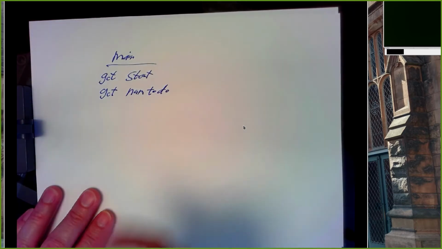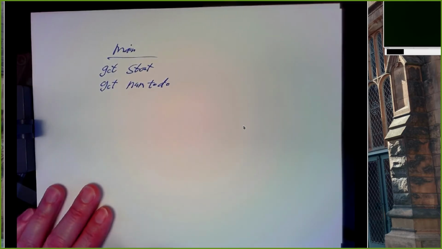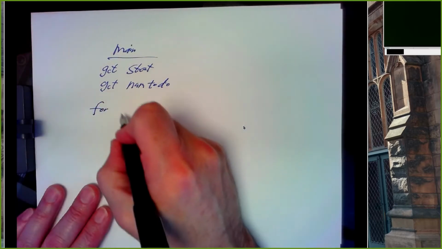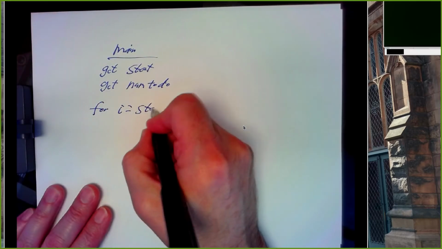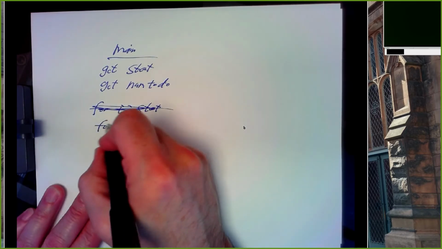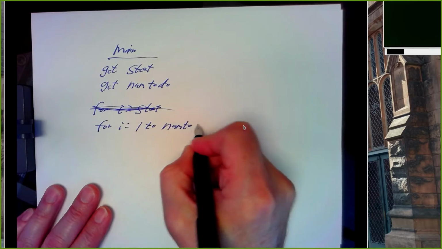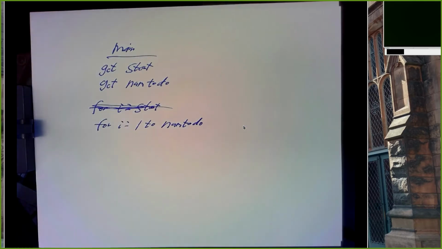Get your starting number, and the number of things that you want to test Goldbach's conjecture against. Make a loop. Let's go through this number of things to do times.